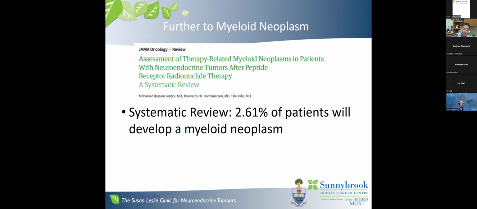Or is the sequencing important? If we give PRRT first or an alkylating agent first and subsequently use the other, does that affect the MDS rate? In patients who are heavily pretreated with alkylating agents, which have their own rate of MDS, and PRRT, we're trying to understand the safest way to maximize the efficacy of this treatment.